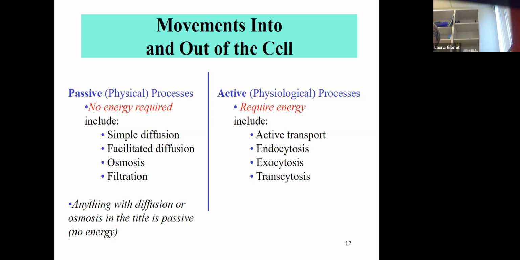That's filtration. It just separates things by size. The large grounds do not pass through the filter, and that's why you have to empty it after you make coffee. So a filter separates things by size. Active processes require energy. Things like active transport, endocytosis, exocytosis, and transcytosis.